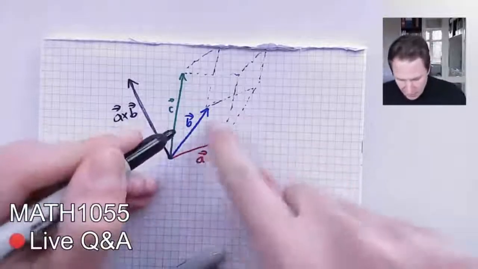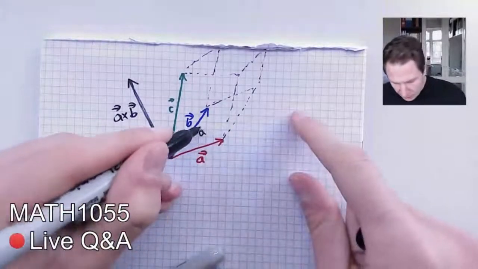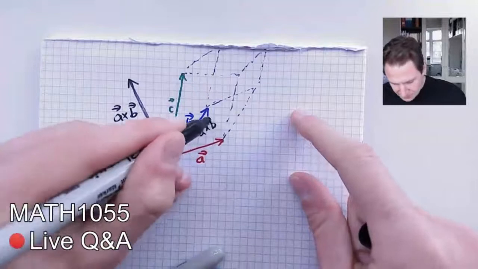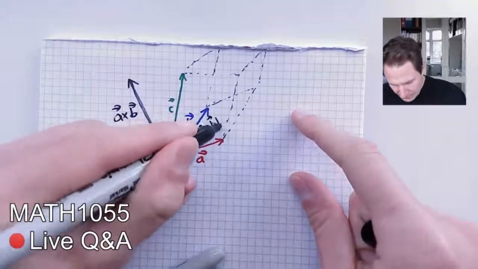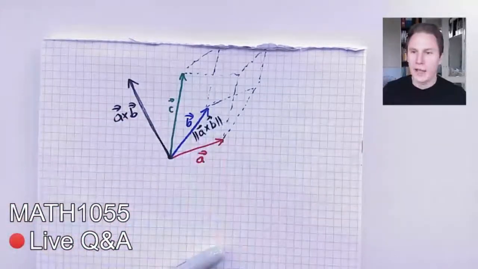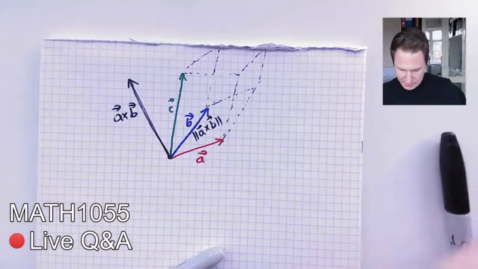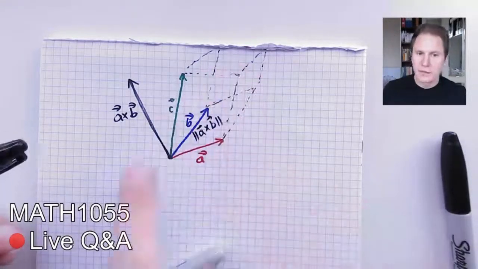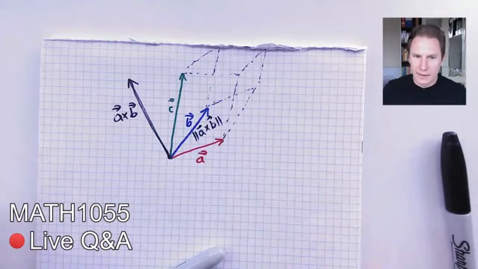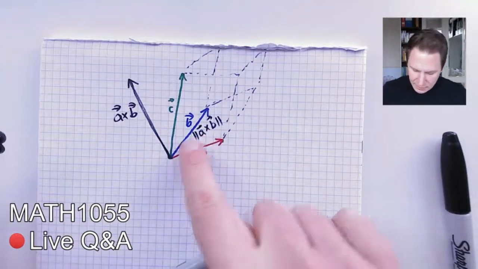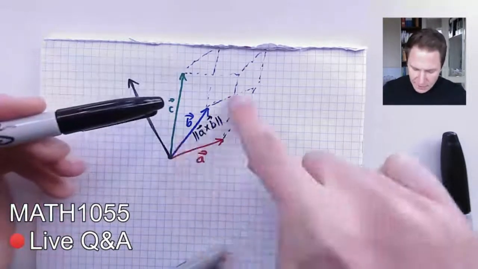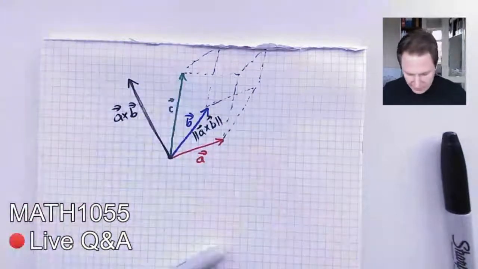Of course, you know by now that this parallelogram on the bottom has an area that is the length of A cross B, and the volume of this parallelepiped is base times height, the area of the base times height.